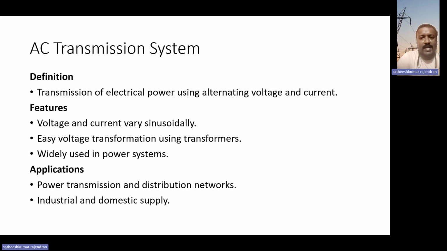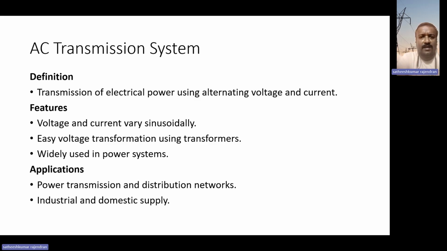With the help of transformers, we can easily step up or step down the voltage based on the level of transmission. Considering AC transmission, it automatically connects with the sinusoidal: voltage and current vary sinusoidally.